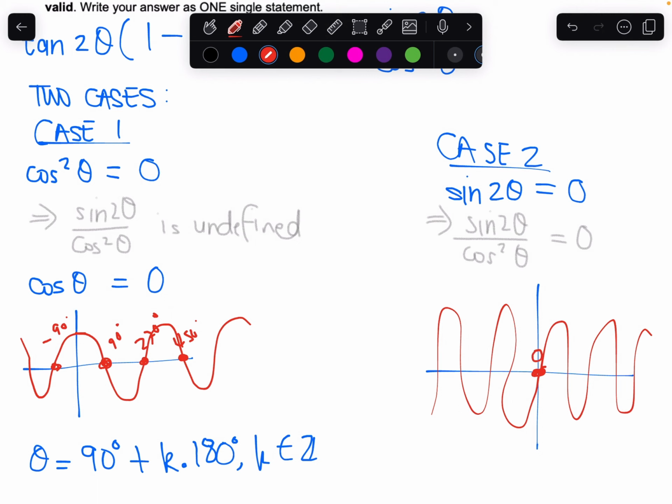Okay, so this will be 0. In the normal sine graph, this would be 180, but because things are happening twice as quickly, this is 90. And this would have normally been 360, but now it will be half of 360, it will be 180. And we can see the pattern now. It's every 90 degrees we have an x-intercept, right? And this will be minus 90 and so on and so on.